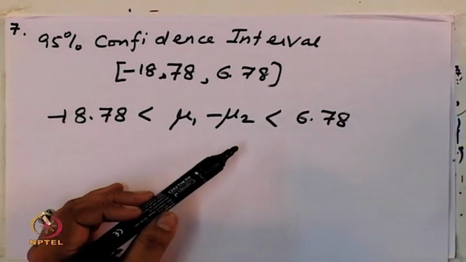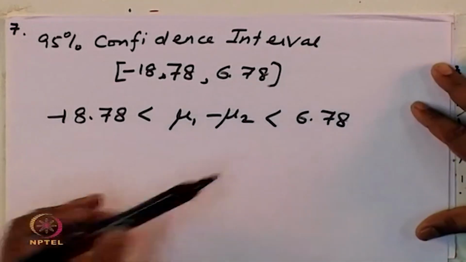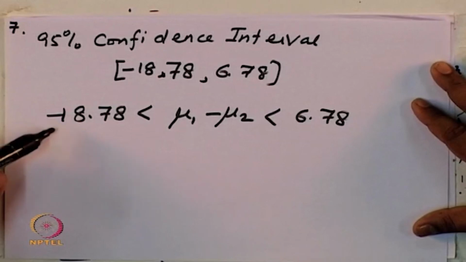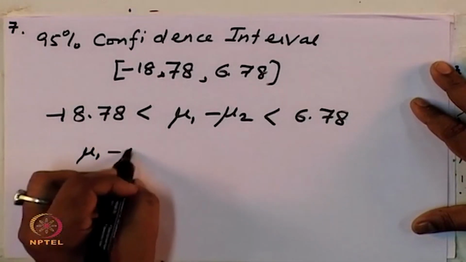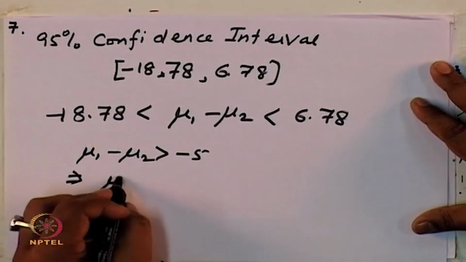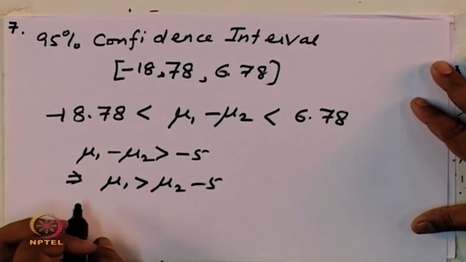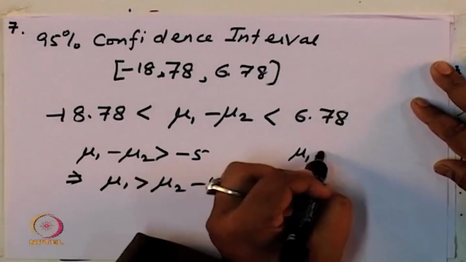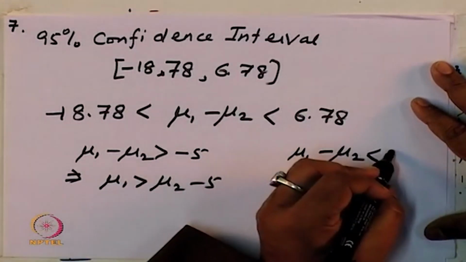If mu 1 equal to mu 2 was there, then you would have concluded that there is no difference in the average intake of dairy products by men versus women. If it is negative, then there is a possibility that your mu 1 minus mu 2 is greater than, let us say, minus 5, implying mu 1 is greater than mu 2 minus 5. Or you could have had the other possibility, mu 1 minus mu 2 is less than 5.